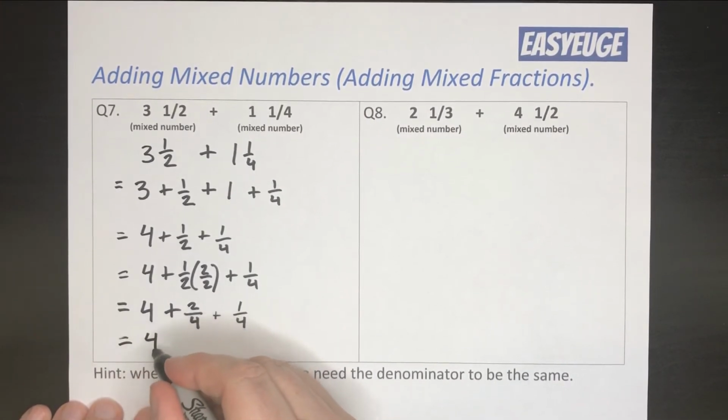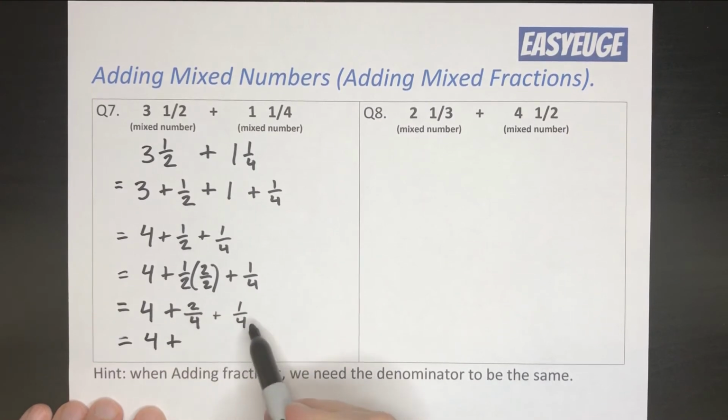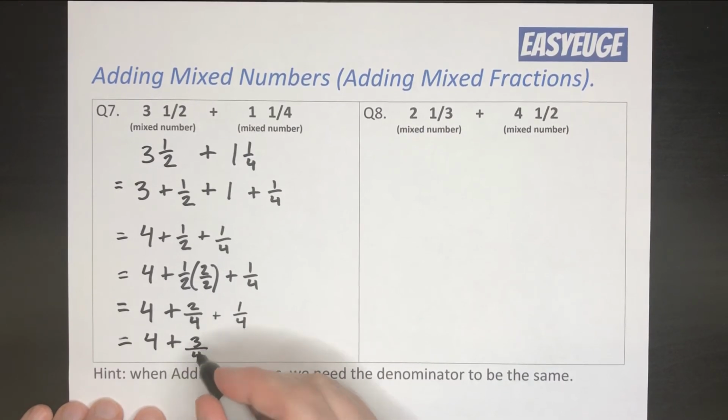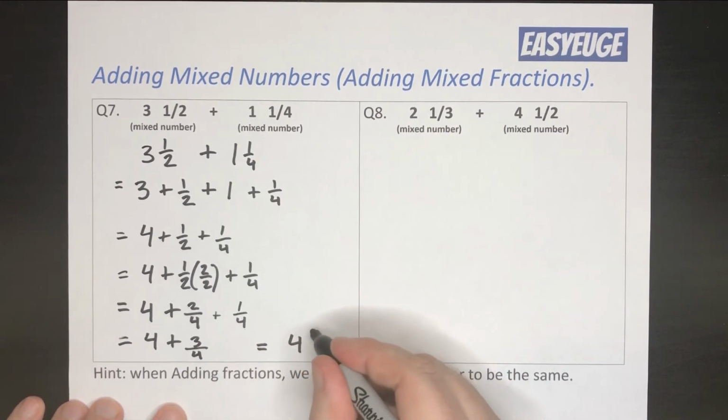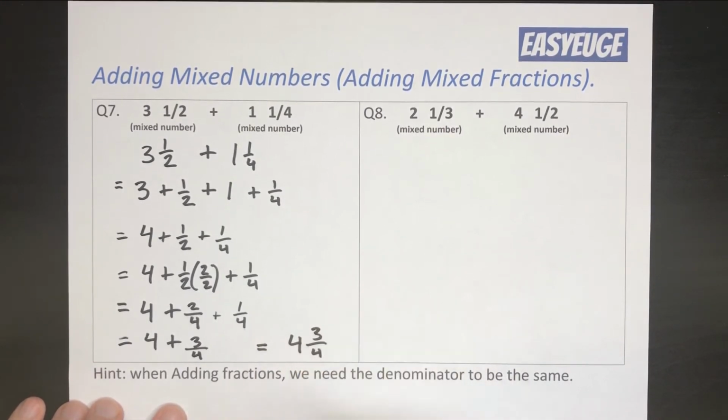So the answer is 4 plus 2 quarters and 1/4, 2 and 1 is 3, and then the 4 carries straight to the bottom. 4 plus 3 quarters, and that's very simply written as 4 3/4.